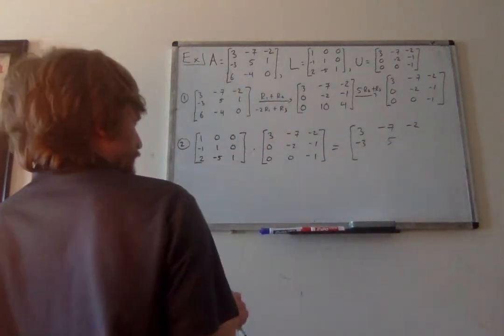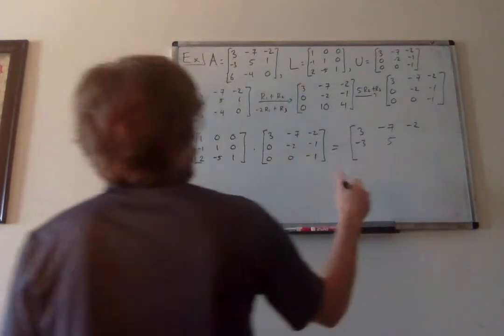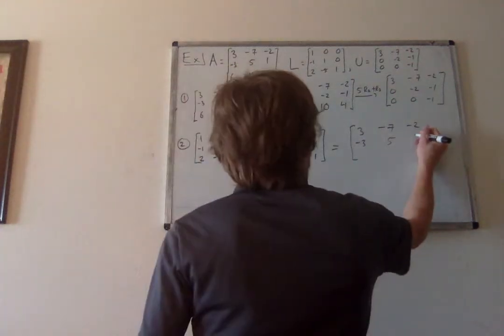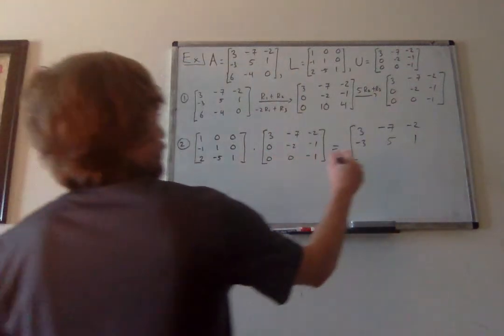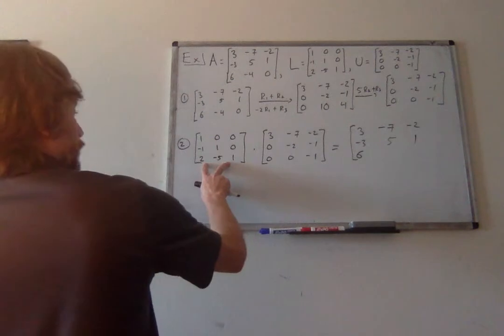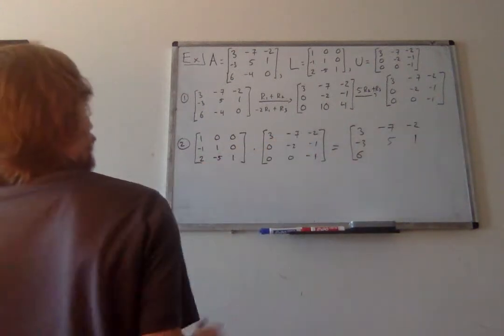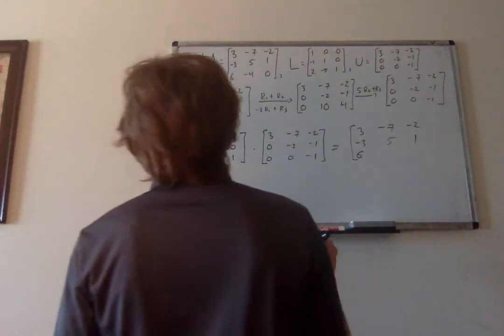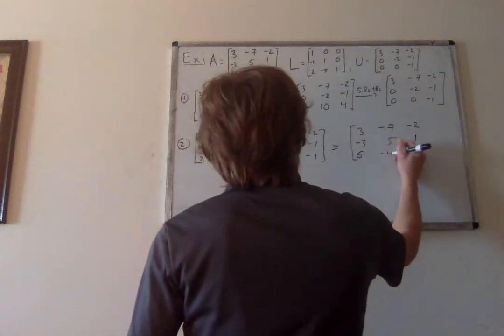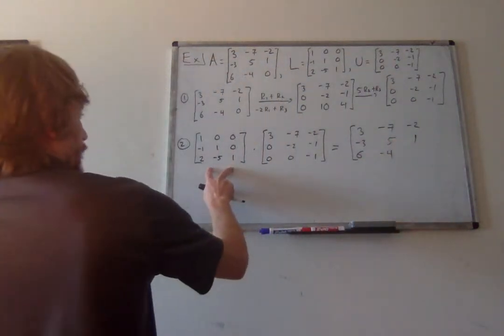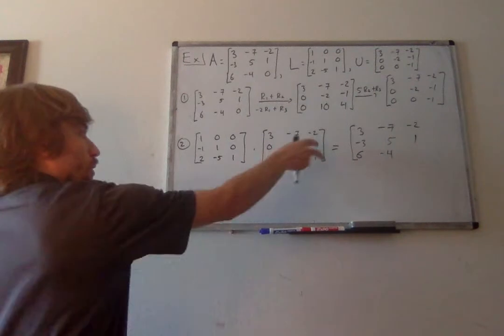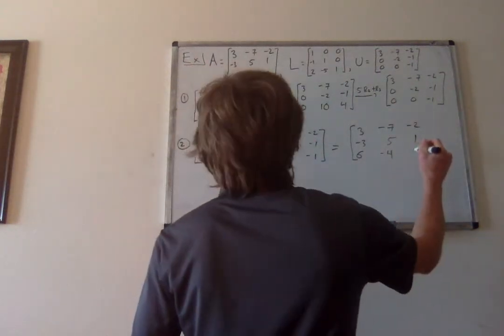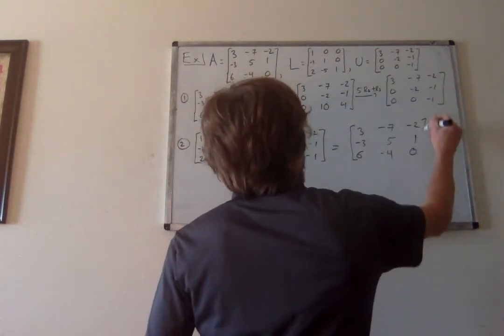Then I get 2 minus 1 is 1. Next, I get 6. 2, -5, 1 matched up with 7, -2 gives me -4. And lastly, if I match up 2, -5, 1 with -2, -1, 1, -1, I get 0.